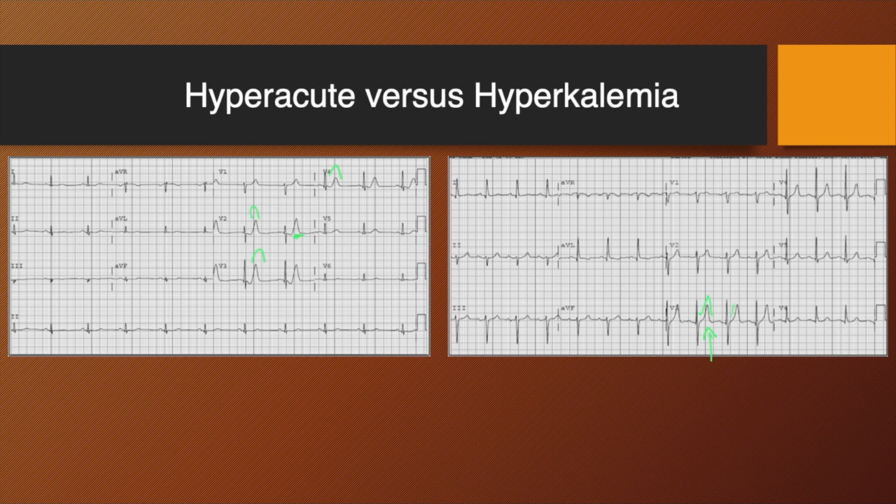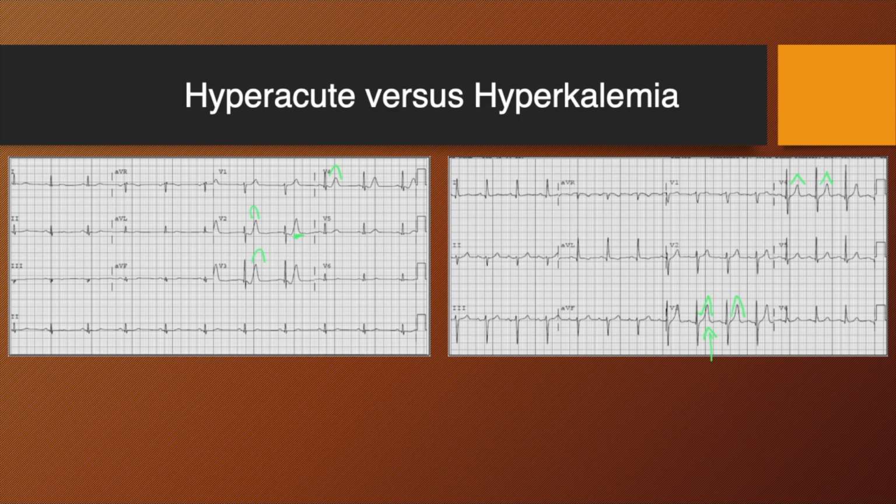You have this classic tenting signature to them. This is called tenting. And you can see that these do look a little different from the hyperacute T waves associated with OMI. Again, you have to look at lots of these and really get a feel for the pattern recognition.